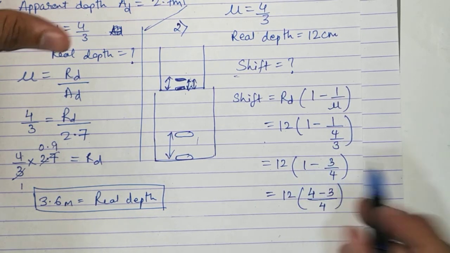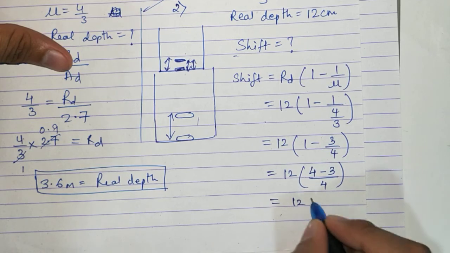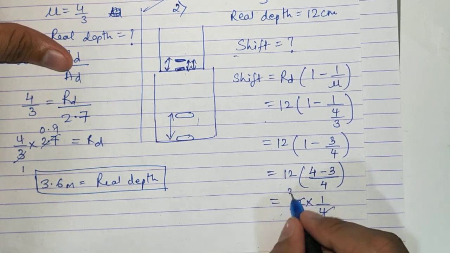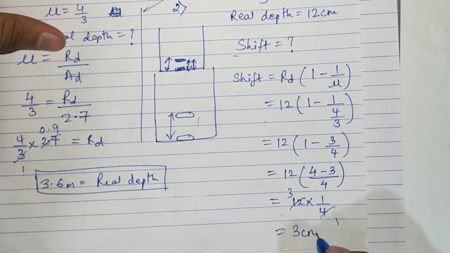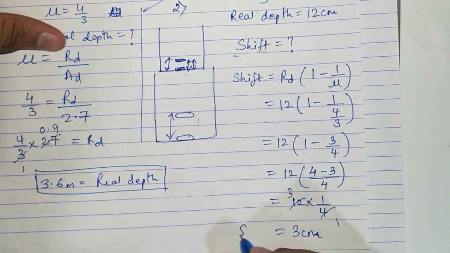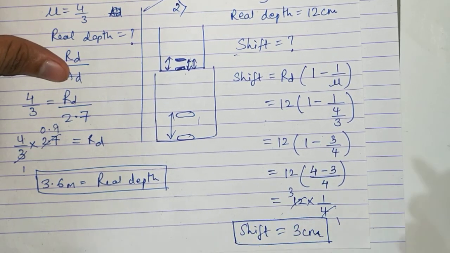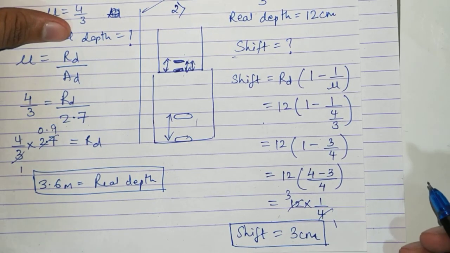I took LCM here. Okay, so 4 minus 3 is 1. 12 into 1/4. 4 threes are 12. Answer is 3. And it is in centimeters. So answer is 3 centimeters. Second sum done.